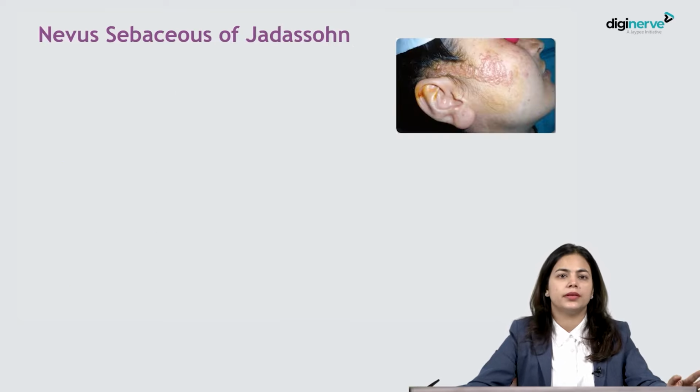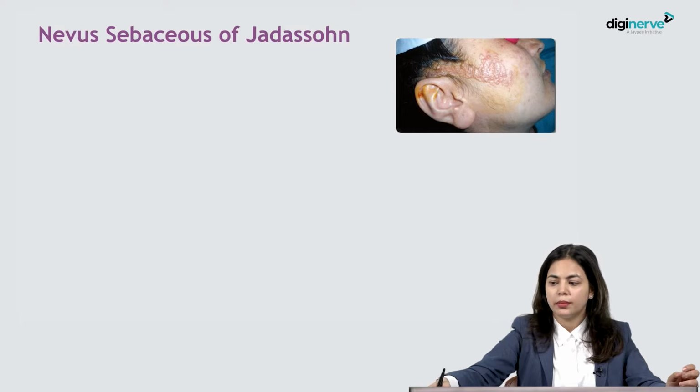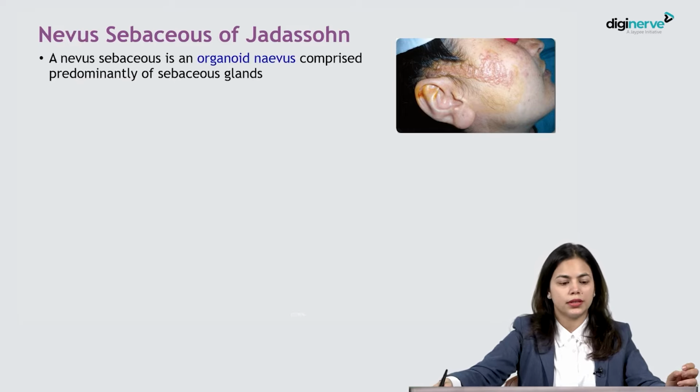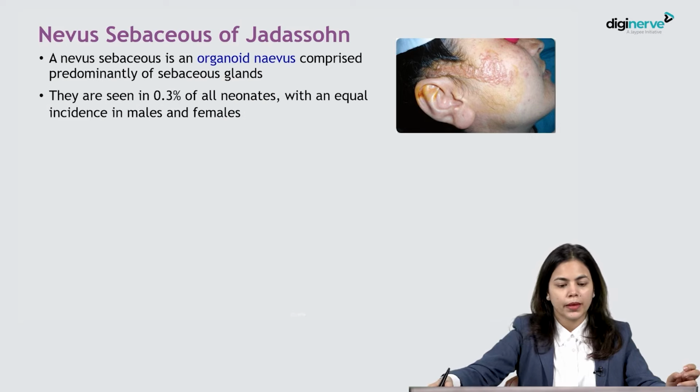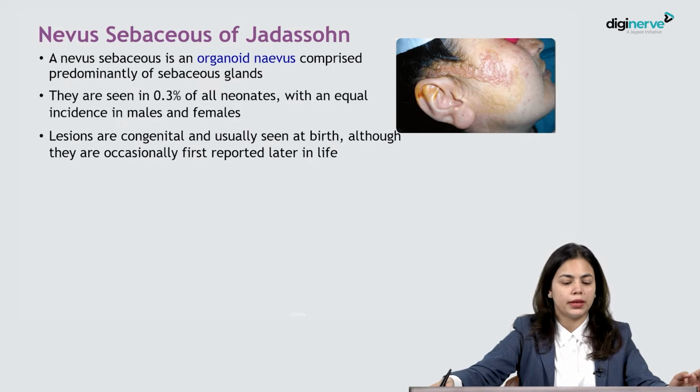Now, in the same breath, I would like to discuss nevus sebaceous of Jadassohn also. Although it's not a true appendageal tumor, sometimes differentiation is difficult. It's an organoid nevus which is composed of mature sebaceous glands. These are seen in 0.3% of neonates with an equal incidence in men and women.